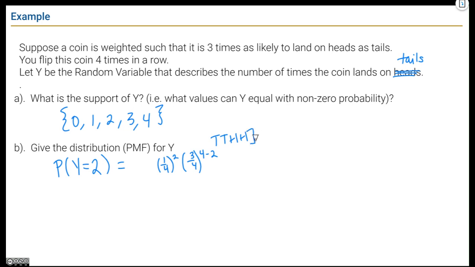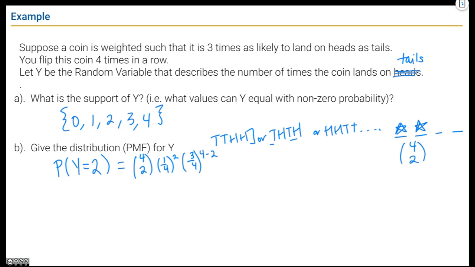That is just for this particular sequence, but I could have had tails, heads, or heads, heads, tails, tails. I basically have all the possible combinations where I can choose 2 spots for my tails to go out of 4 open spots. So there's going to be 4 choose 2 ways that I could order these. And that's actually what's going to go in front right here.